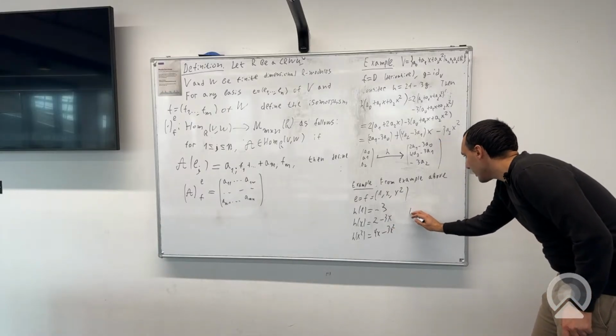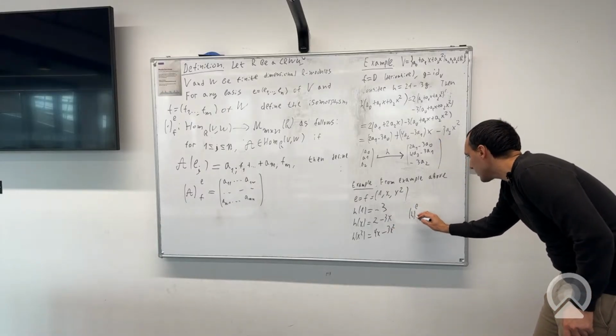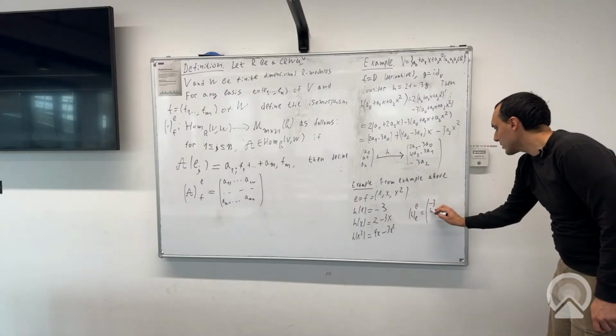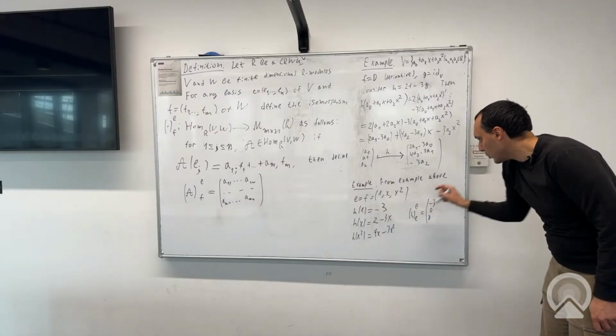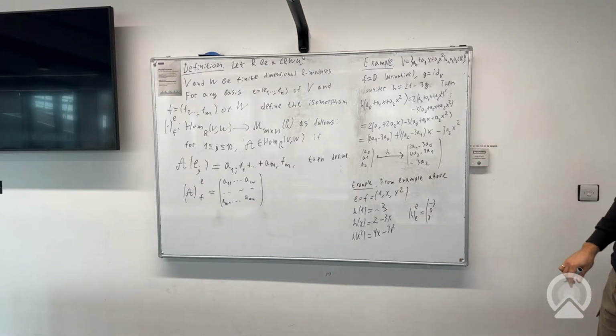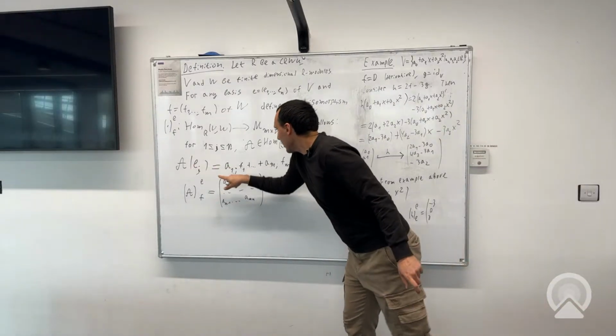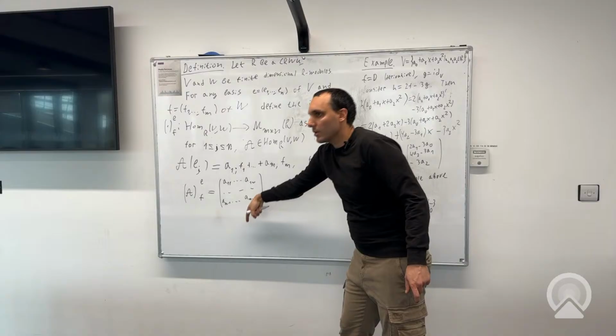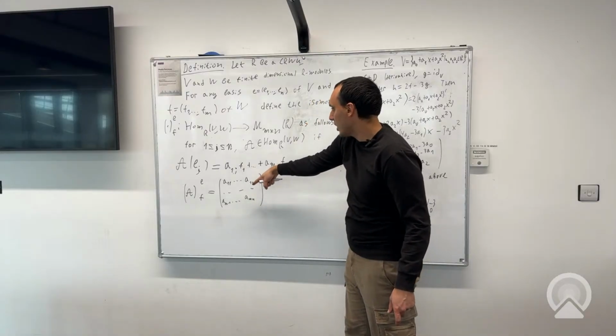And the matrix of H in this basis is, so we take minus 3, 0, 0. We take this thing here and put it in a column. You see, this goes in the jth column.